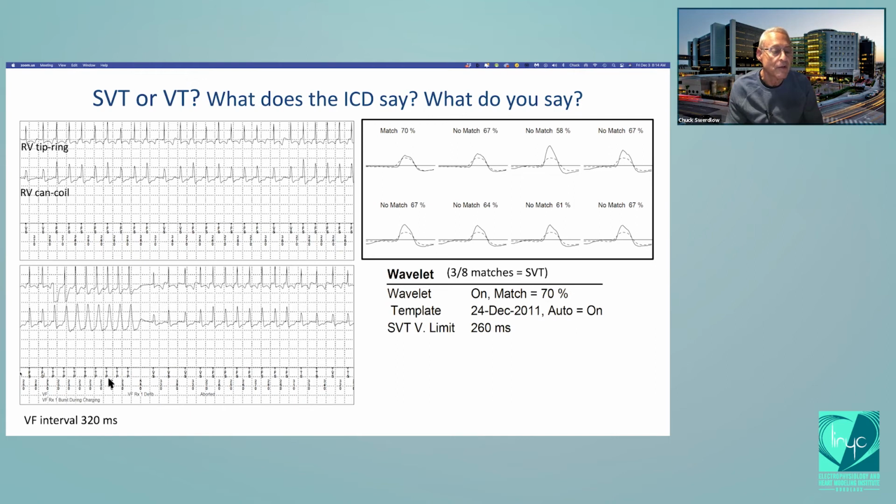Here the device delivers unnecessary therapy. And although the defibrillator gets it wrong, it doesn't get it terribly wrong. For the match percentages, it needs 3 out of 8 to be above 70%. And here 1 is 70% and 4 of them are 67%.